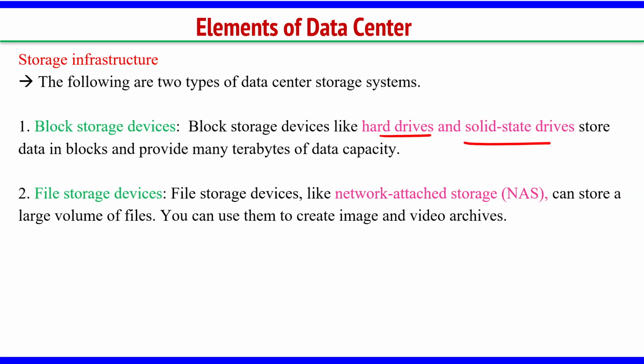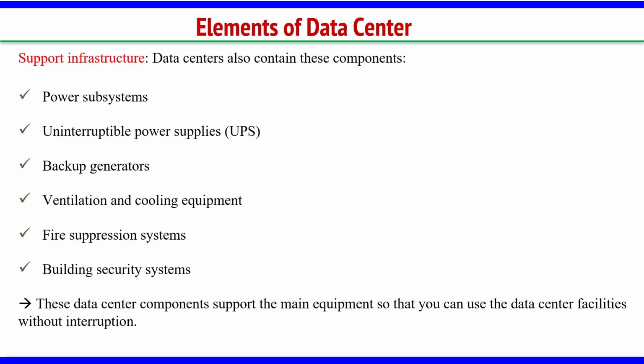However, along with these three, we have some supporting infrastructure, something like power subsystems. Because we are talking about backup and continuous power supply, there are a lot of switches, boards and wires involved. Uninterruptible power supplies, UPS, are there. Why UPS? If power is off, there should be some backup for us. Additionally, we have backup generators. A very big generator will be running to supply power to the data center.